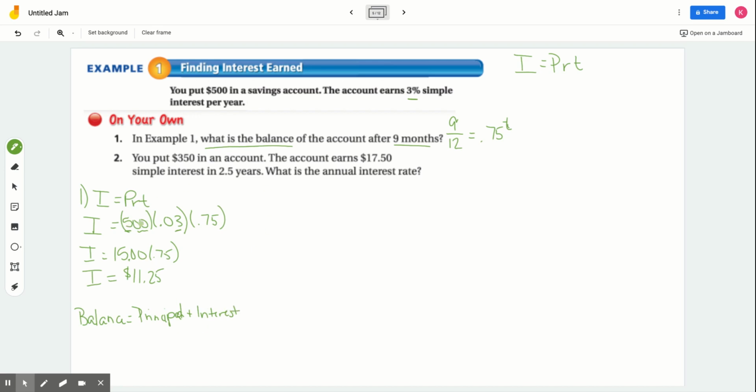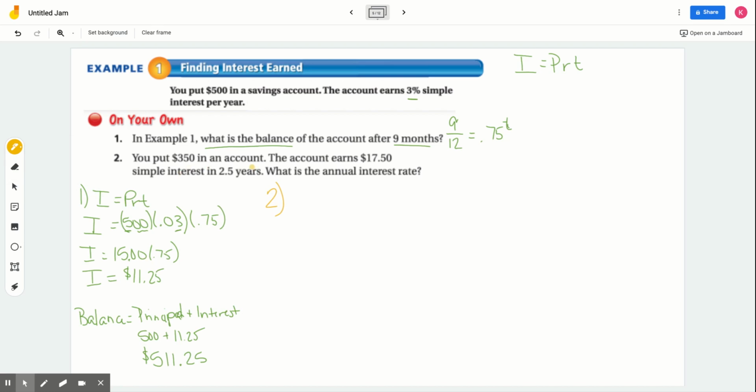So we know that the principal was 500 and we know that the interest was $11.25. So the balance in this account after 9 months would be $511.25.